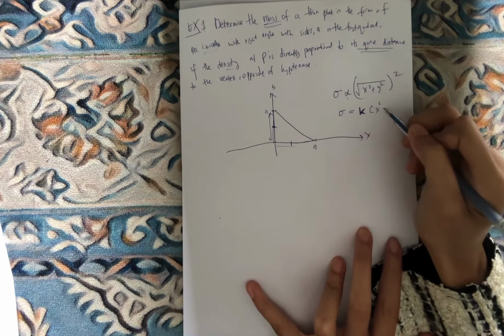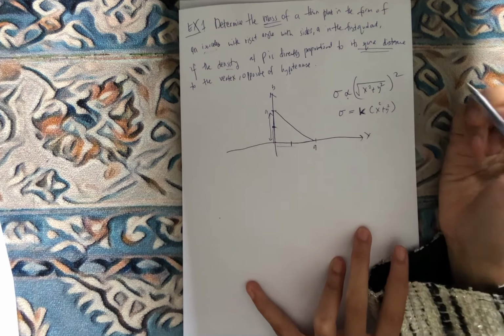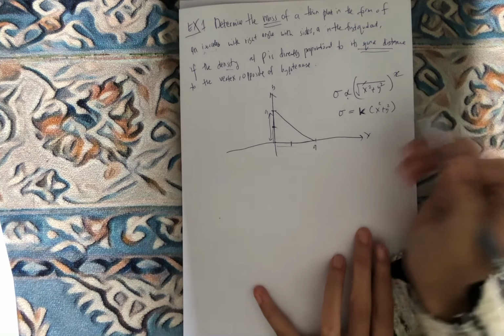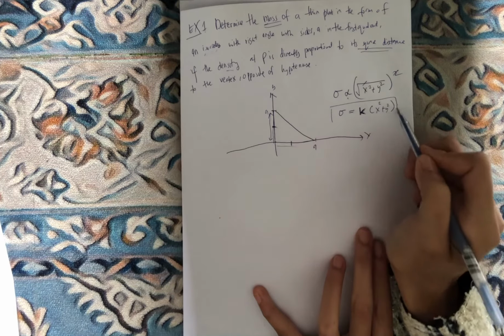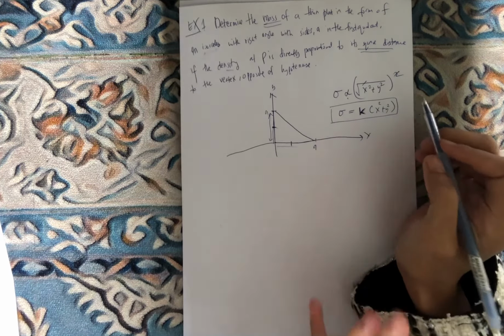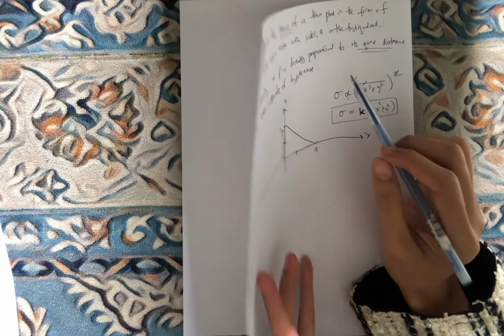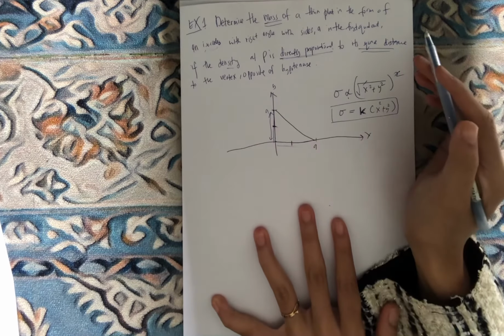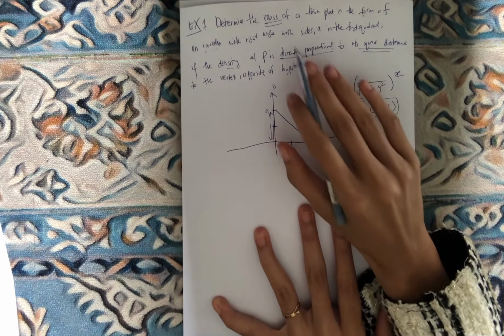So this one will be x square plus y square, because this square root and this power 2 can cancel off. If you still wonder how I get this equation, you may refer to any sources. You may Google what is meant by directly proportional, because you are supposed to know this already.